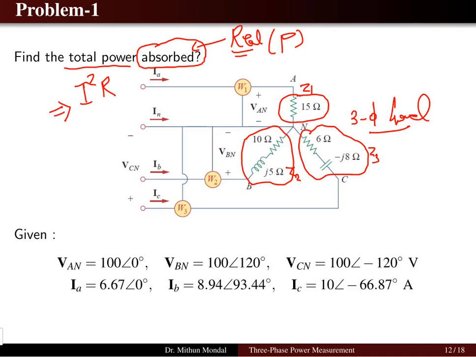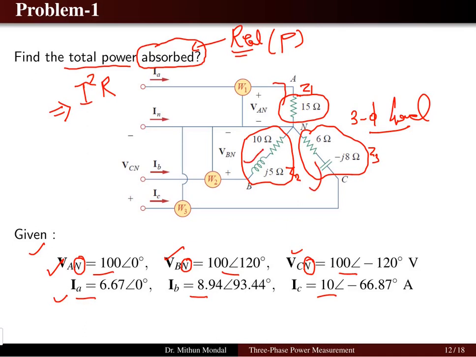Now, the voltages VAN, VBN and VCN are the phase voltages, because we are measuring the voltage with respect to the neutral point. So these voltages are given to us. Similarly, the currents IA, IB and IC, which are flowing in the individual phases, are also given to us.